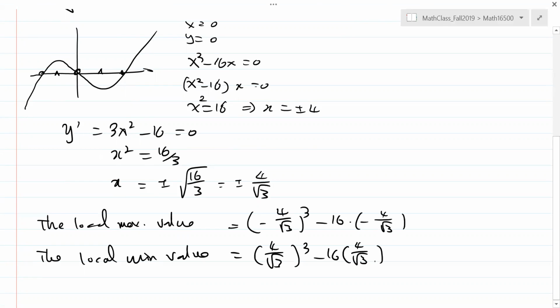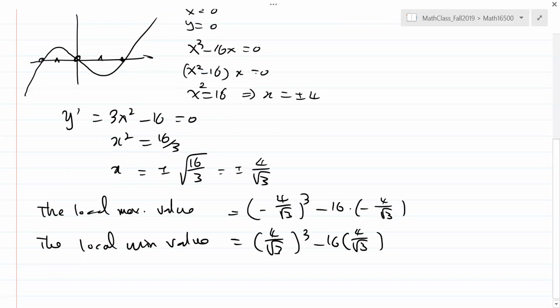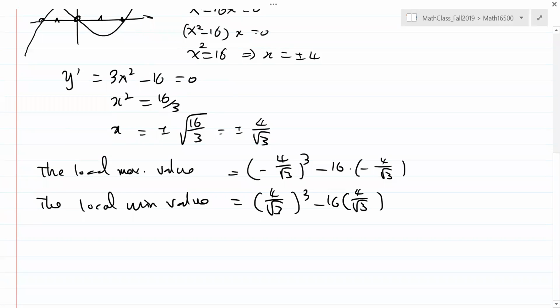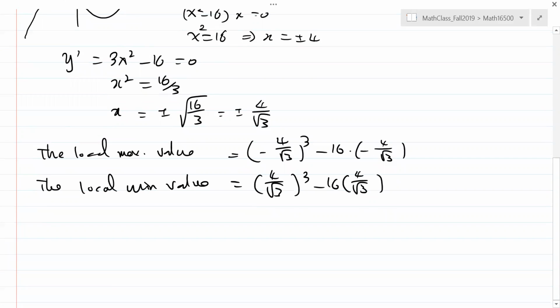Well, you can simplify. It's clear from the picture, right? When x equals 4 over square root of 3, it's a positive number, then the function has a local minimum value. So we solve the problem. The question is, what is the local maximum value, local minimum value of the function? And it's polynomial degree 3, so you can easily find out. You know how the graph looks like.